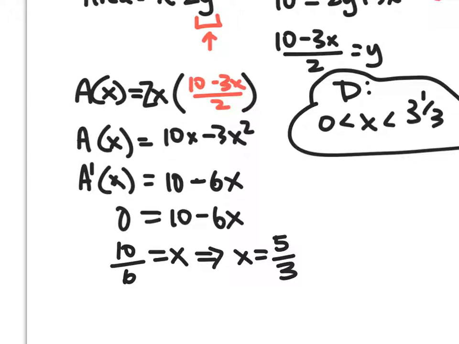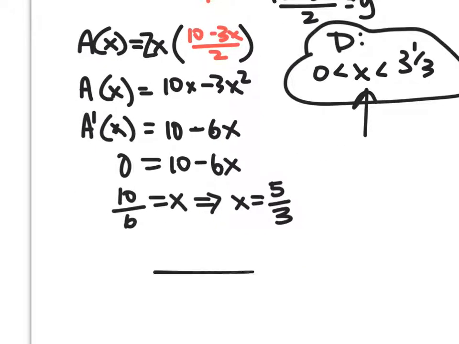Since 5/3 is within the domain that we have shown, we would check our endpoint at 0, which clearly the area, if x was 0, would be 0.